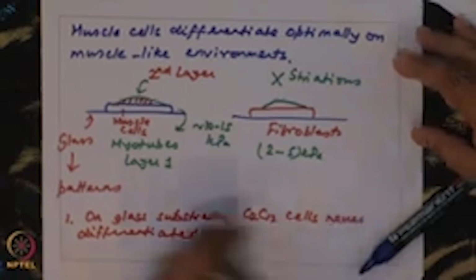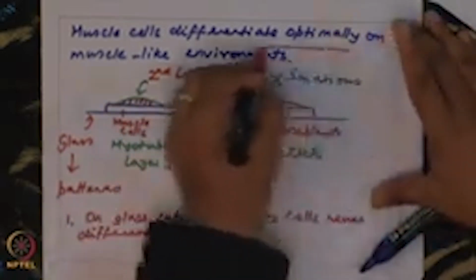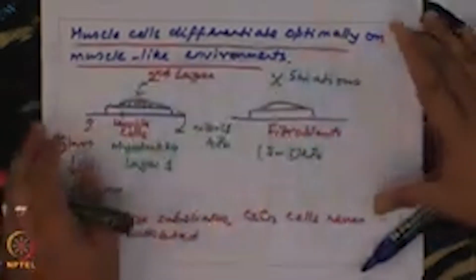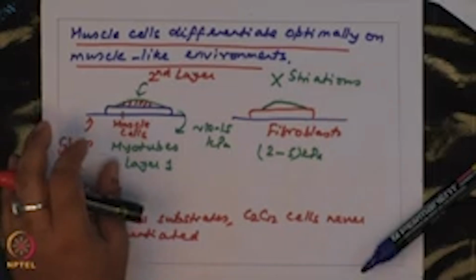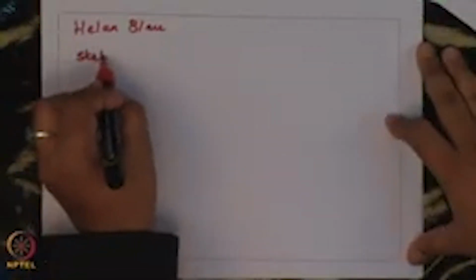Okay. So, both these studies reaffirm this phenomenon that these muscle cells behave like muscle cells or become functional muscle cells when they are placed in a muscle like environment. Subsequently, based on these works there were experiments done by Helen Blau.